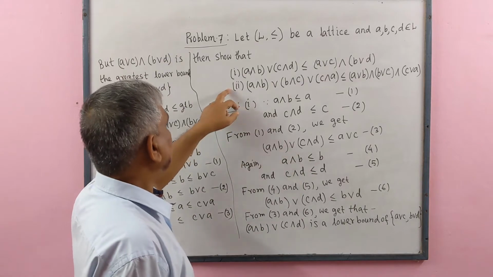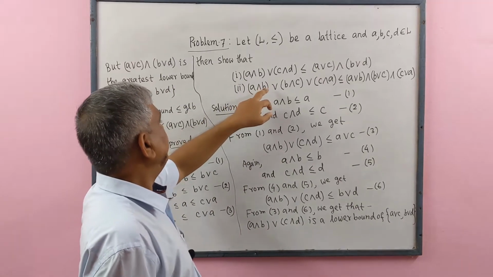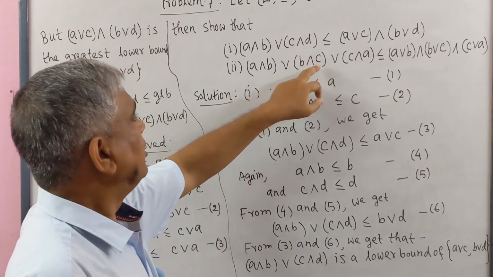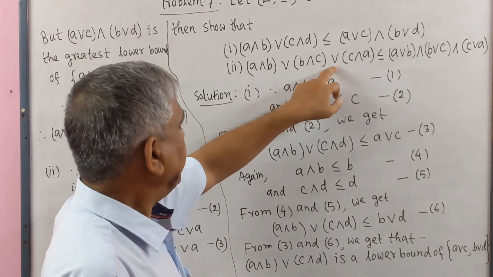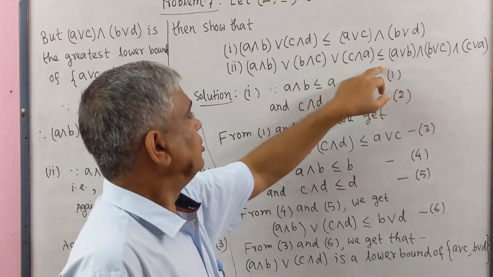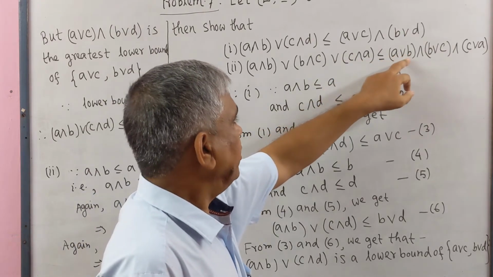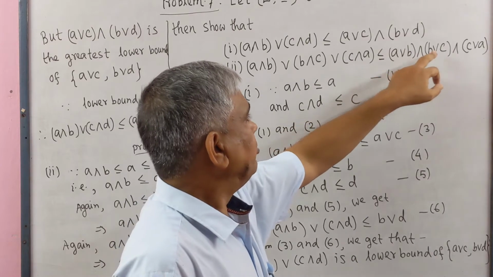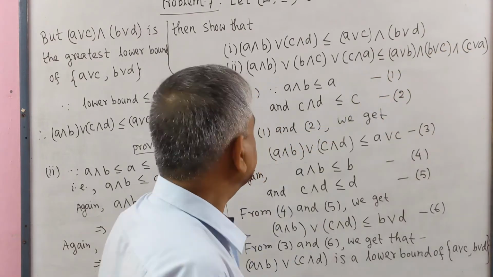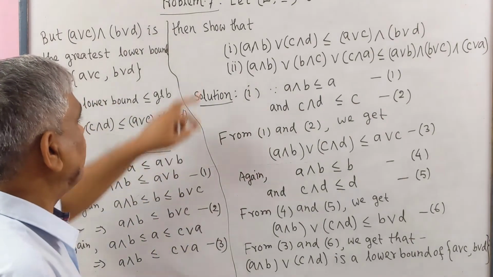Number 2, (A meet B) join (B meet C) join (C meet A) less than equal to (A join B) meet (B join C) meet (C join A). Firstly, we prove number 1.